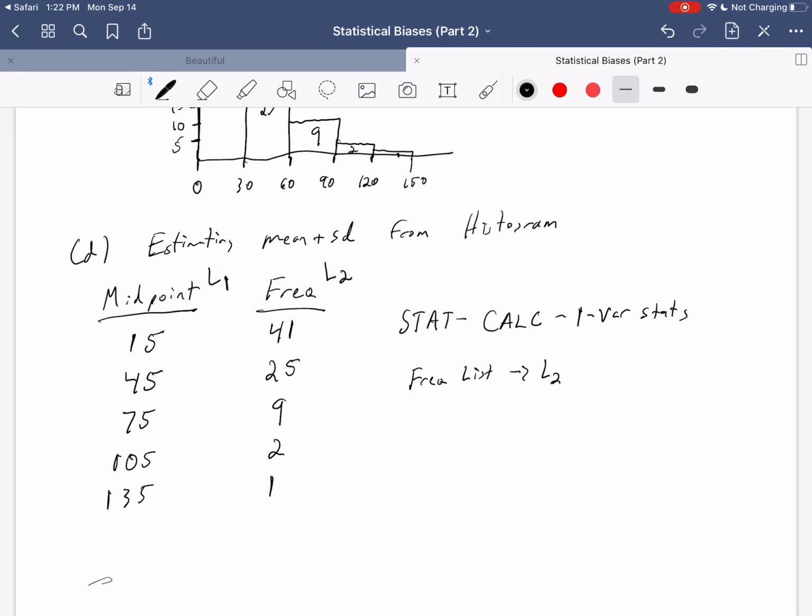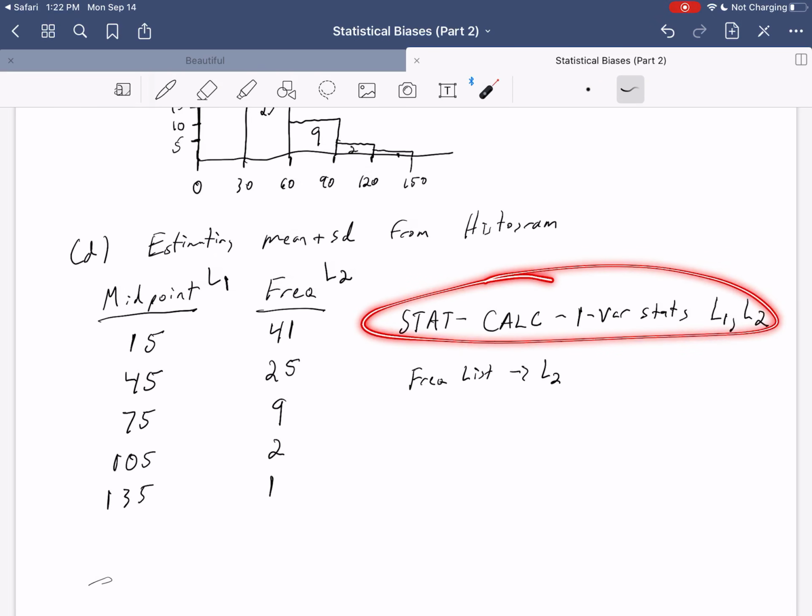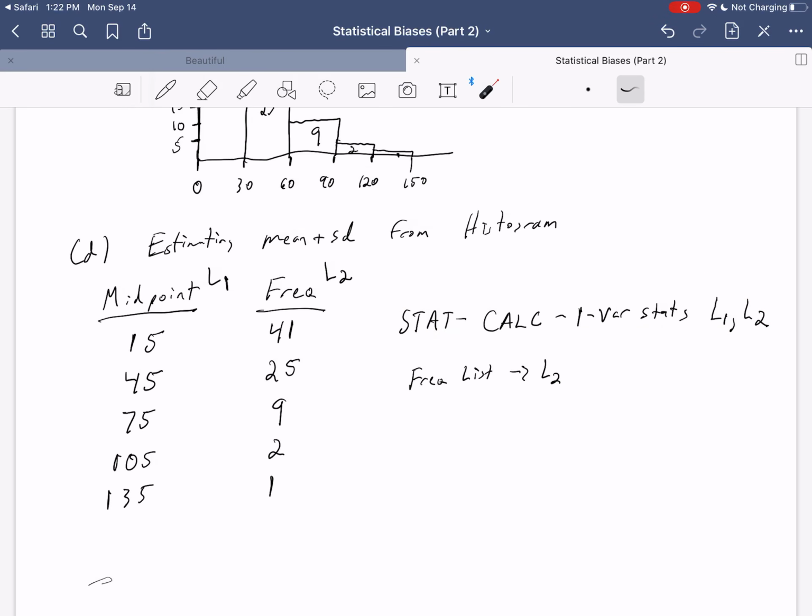Now, if you have a slightly older calculator, after doing stat, calc, 1-Var Stats, you'll need to actually type in L1 comma L2 and then hit enter. That's the way to tell the older calculators that you want to use these as your data, but these as your frequencies.